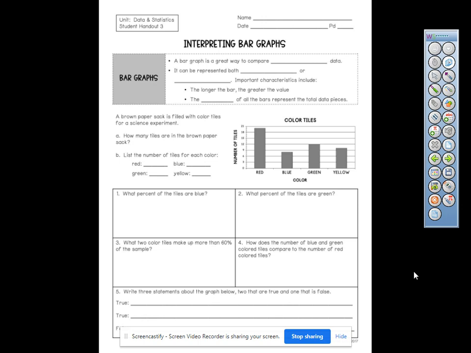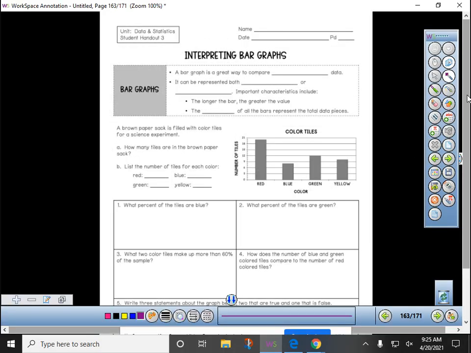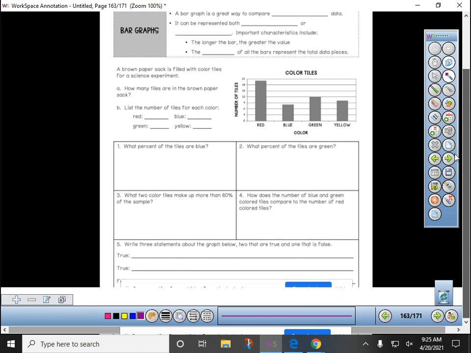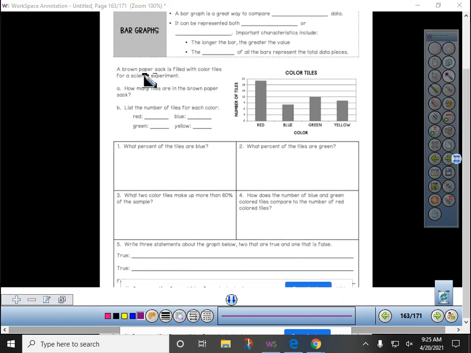Bar graphs. We are going to interpret bar graphs. We're going to start right here where it says a brown paper sack is filled with color tiles for a science experiment. How many tiles are in the brown paper sack? So I'm going to say this one would be about 19 or 20. This one would be about 8.